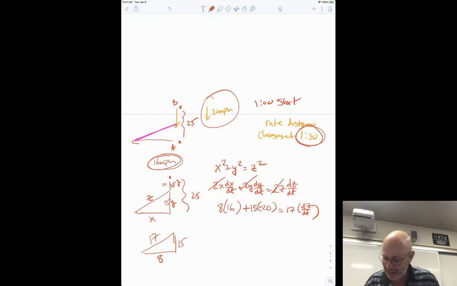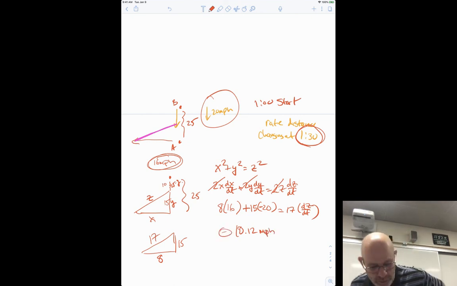Just a matter of taking out my calculator now: 8 times 16 plus 15 times negative 20, divided by 17. I got 10.12 miles per hour, I guess. It did turn out to be negative, just so you know. And again, it's not negative because of direction. It's negative because that distance is getting smaller. So that blue line is getting smaller at this point. But the rate at which it's changing is 10.12.